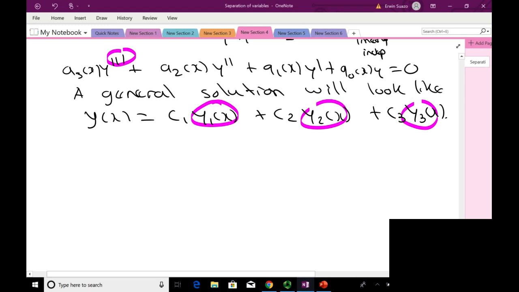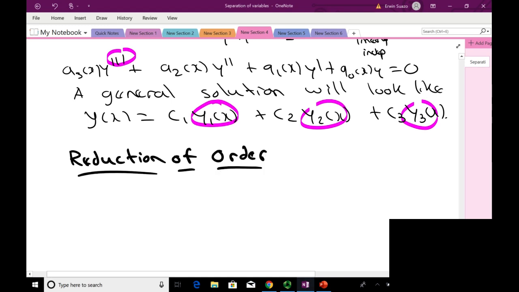It's called reduction of order. The way we're going to use it is: given one function, I can find a second one linearly independent. This is the way you find it.